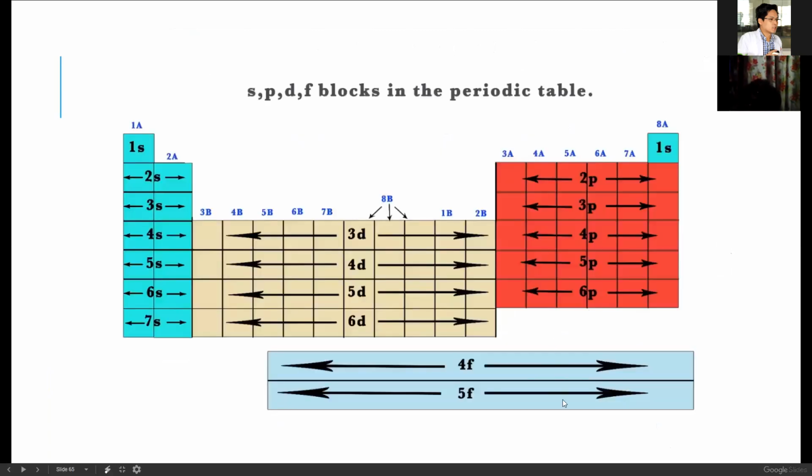Okay, this is the table again. The S block and the P block are composed of representative elements. At the center, the D block and the F block are composed of transition elements.